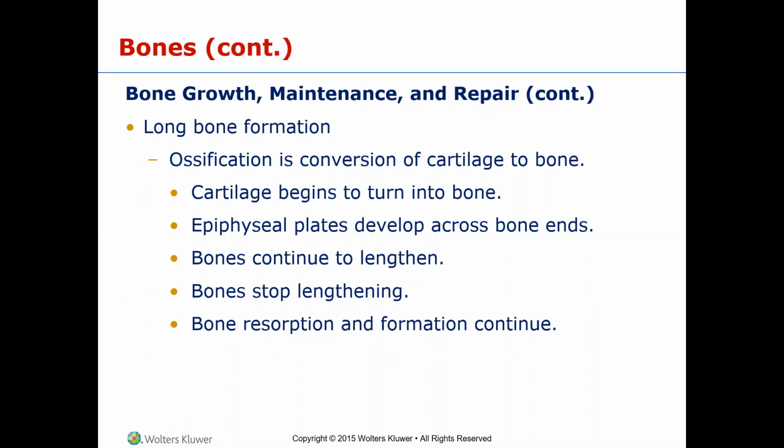So how the long bone is formed, we have these centers of ossification, and all bone in infants is cartilage, and it's very, very pliable, and then it begins to turn to bone.